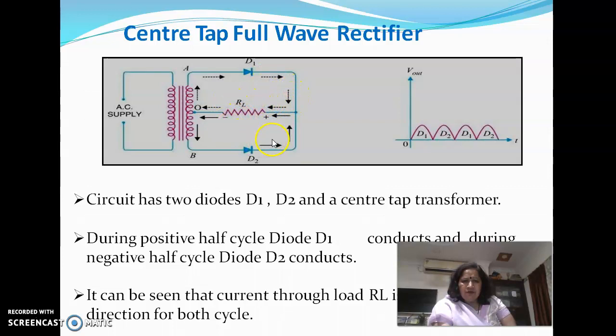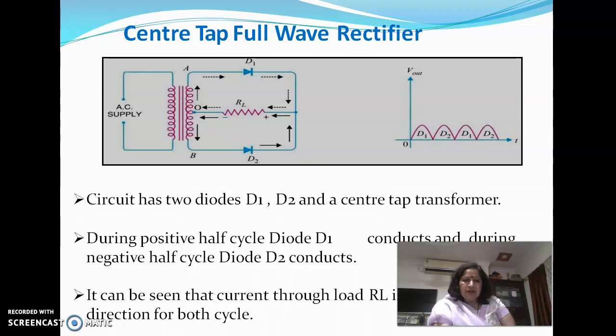Whereas, no current will flow in the lower half of the secondary winding because the diode D2 is reverse biased. It acts as an open circuit, and the complete voltage, which is equal to Vm in the upper half and Vm in the lower half, maximum voltage, will appear across the diode D2.